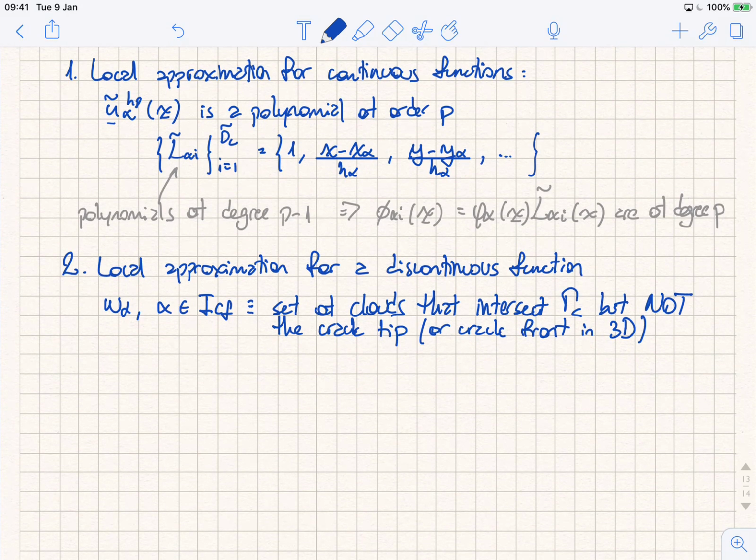So now I'm going to represent U. I'm going to do it like this. Sometimes I like to draw symbols that represent the actual kinematics that I want. It's going to be a smooth part plus something that contains the jump.